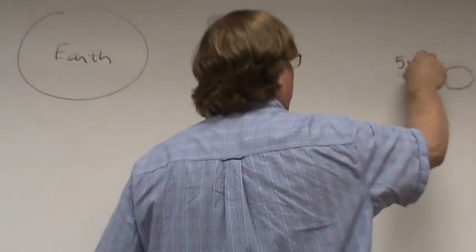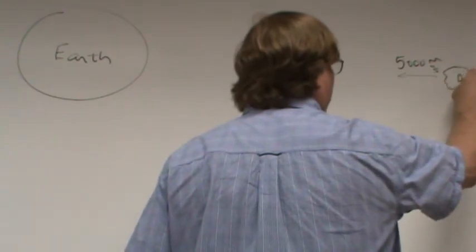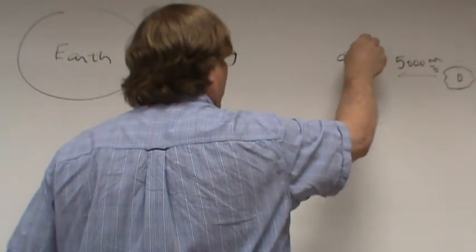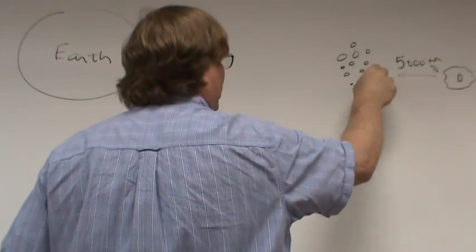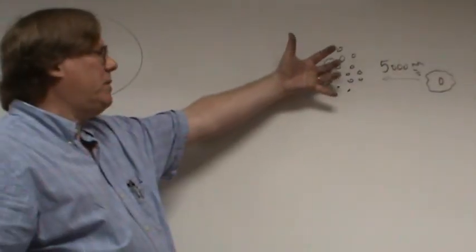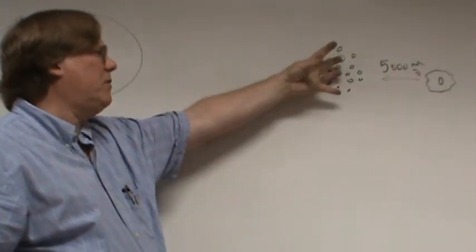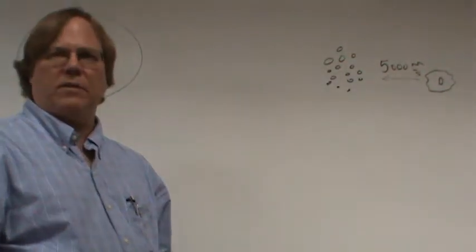Let's say the asteroid is going 5,000 meters per second, hurtling towards Earth. We realize that asteroid is there, so we put a nuclear bomb on the asteroid, alrighty? And we blow the asteroid up into a bunch of little asteroid pieces. Tell me, considering the center of mass of this system, how fast is the center of mass of that system going?